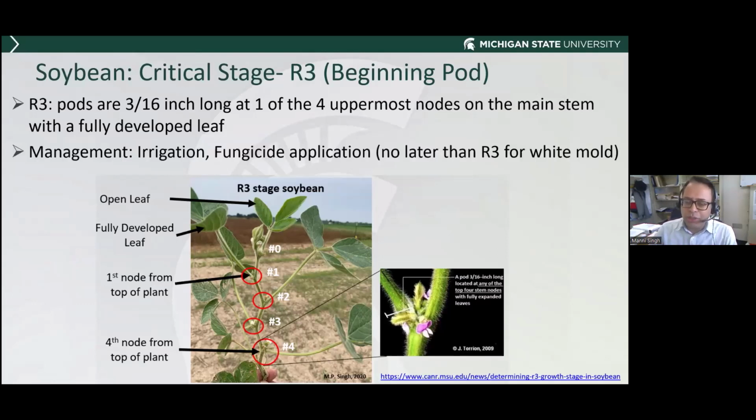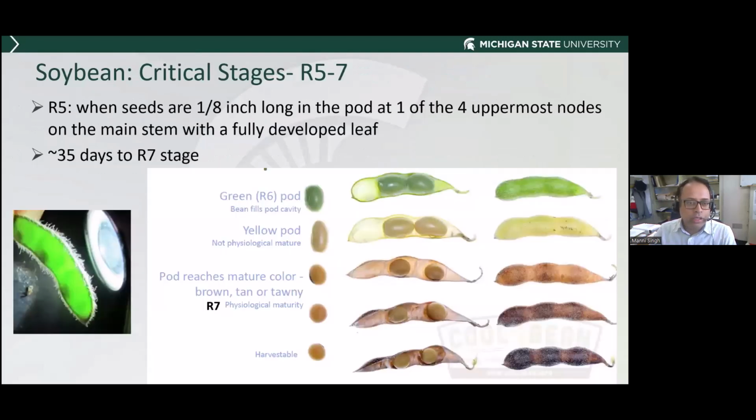In terms of management, again, this is a very critical stage for stress, just like R1 in corn. So if we have ability to irrigate, this is probably a good starting point there. And for fungicide application, no later than R3 for white mold, something to keep in mind.